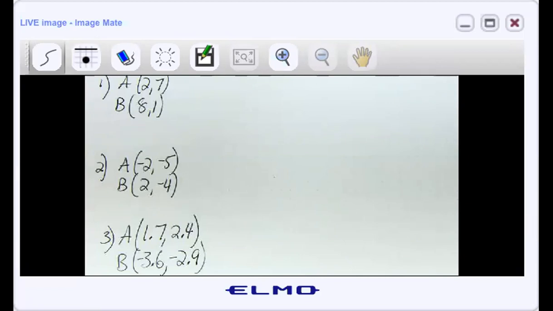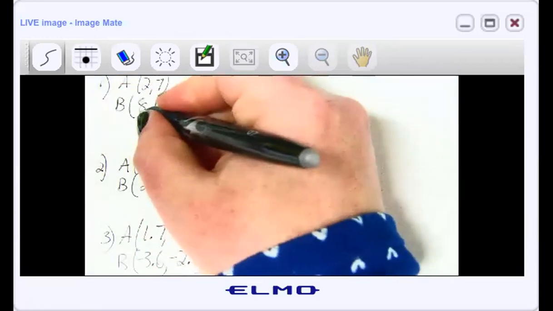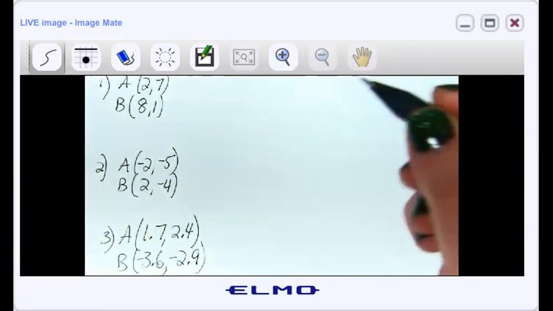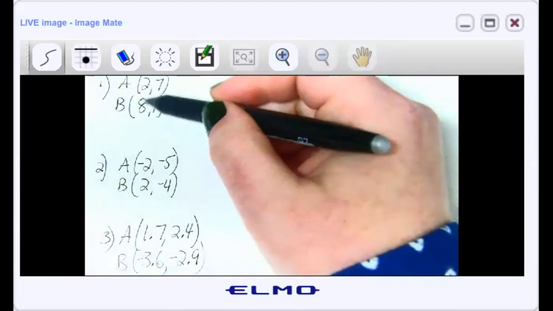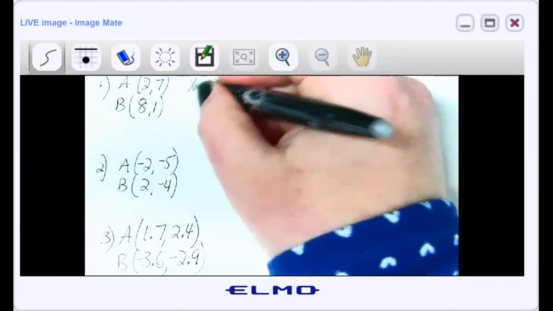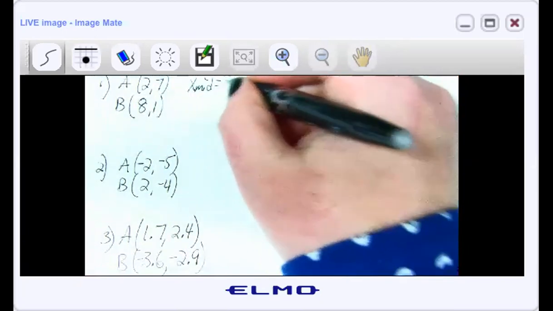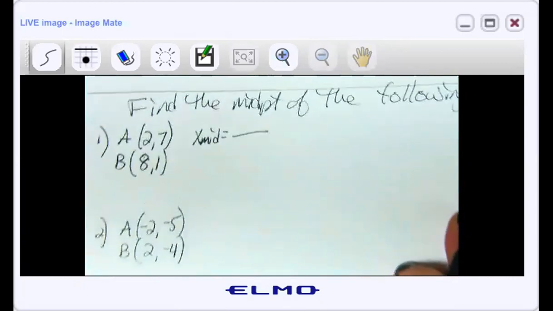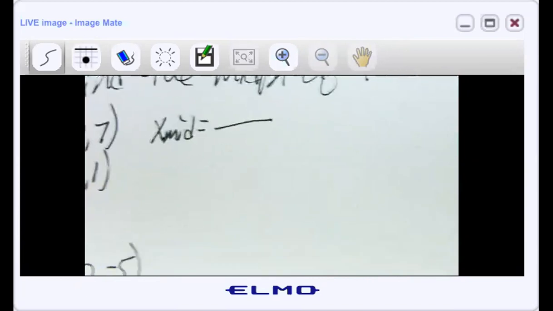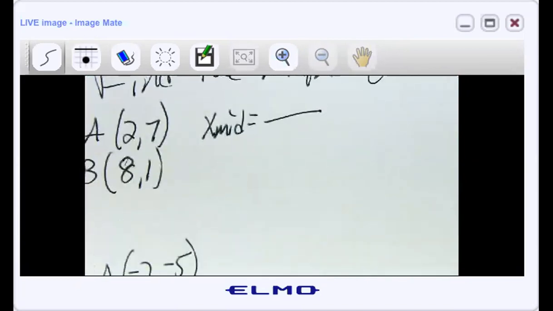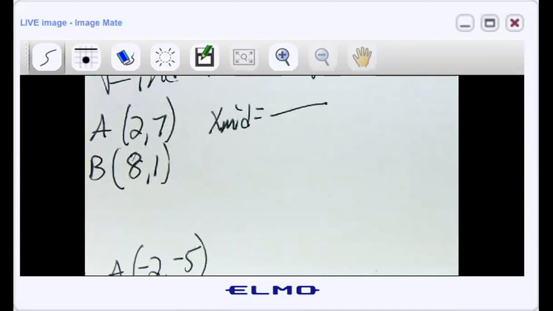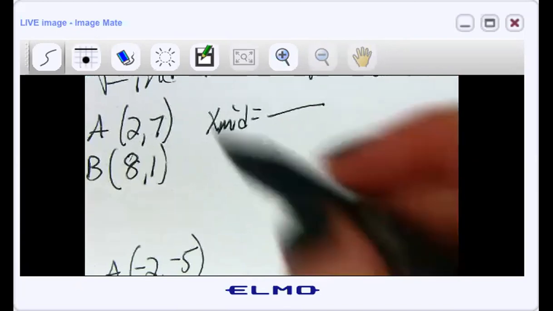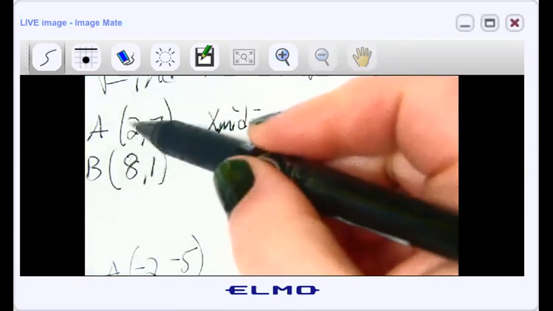Okay, so let's rewind. So remember that all you need to do is add the x's together, divide by 2. So that'll get us our x coordinate. So if I'm looking at this, let me zoom way in on this. Okay, so if I want to find the x coordinate of the midpoint, I'm just adding my two x's together.